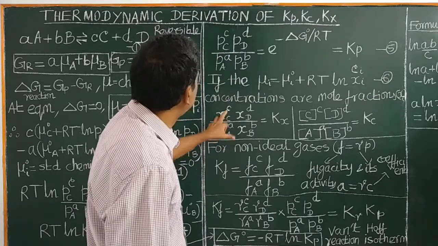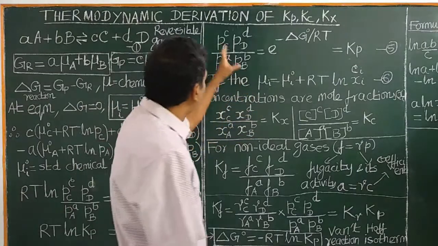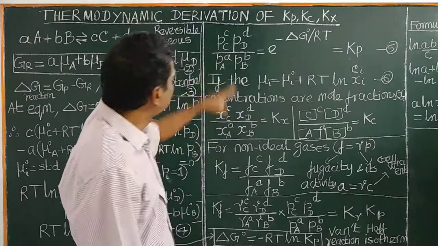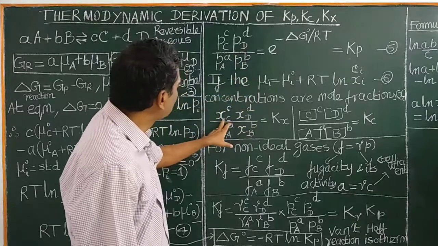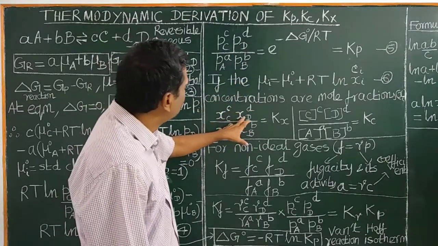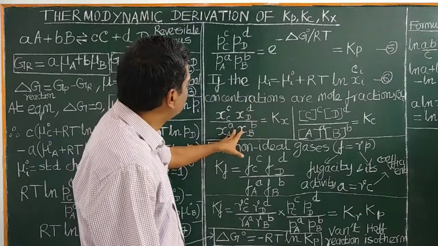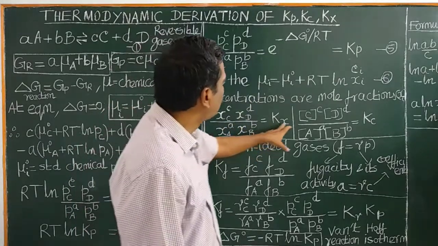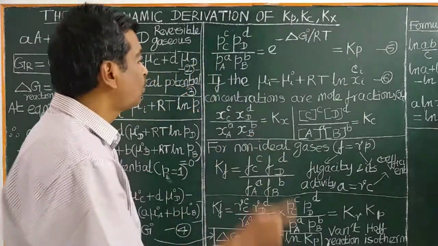Similarly, we can write, like that, mole fraction of C to the power c, mole fraction of D to the power d, divided by mole fraction of A to the power a, mole fraction of B to the power b, equal to Kx. This is the equilibrium constant in terms of mole fraction.